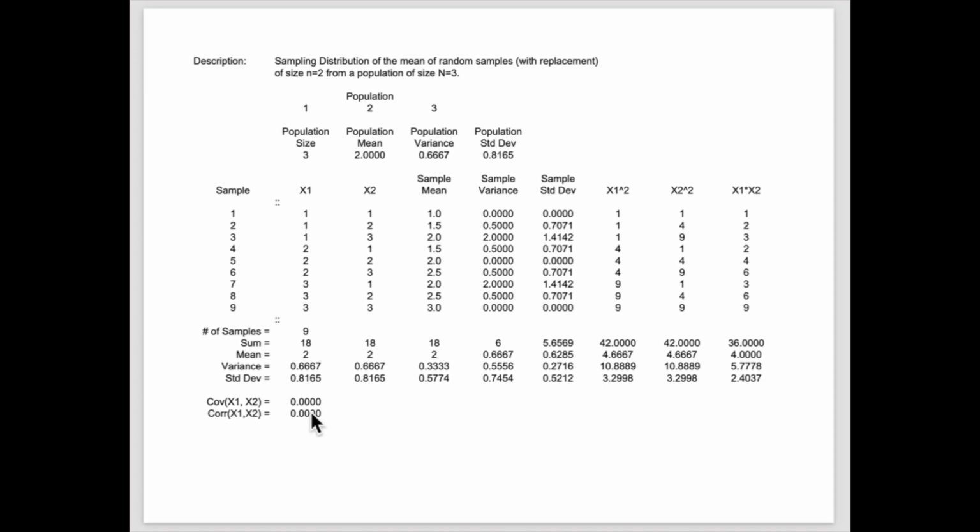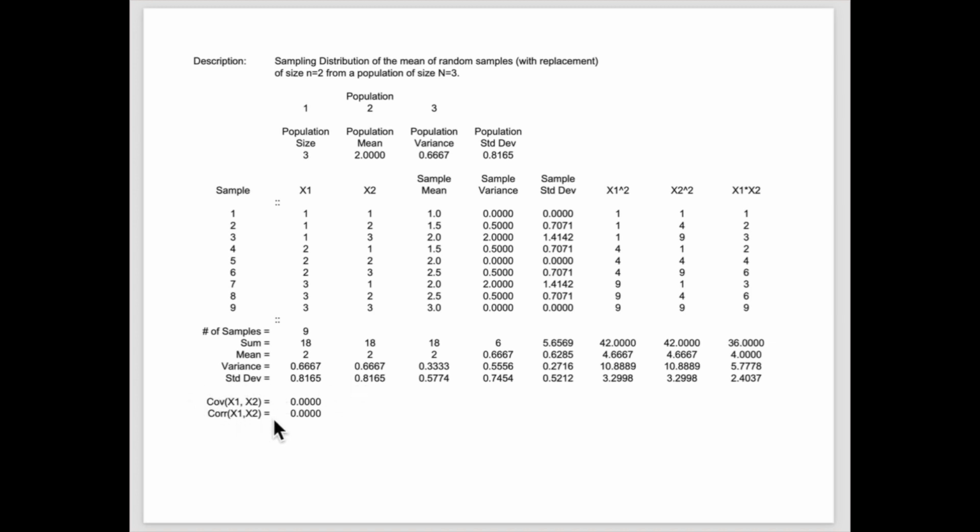I had to actually take the mean value of x1 times x2, so this value, remember that's the expected value of x1 times x2, and then from that subtract the product of the expected value of x1, which is 2, and the expected value of x2, which is also 2 there. So take the value in this cell, from it subtract the product of the values in those two cells, and that gives me the covariance.